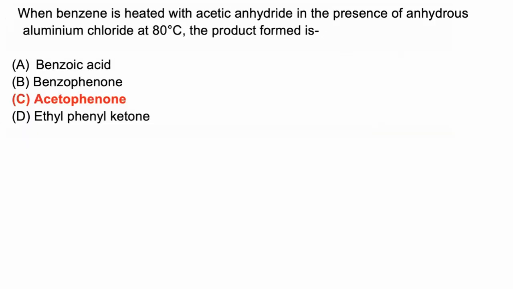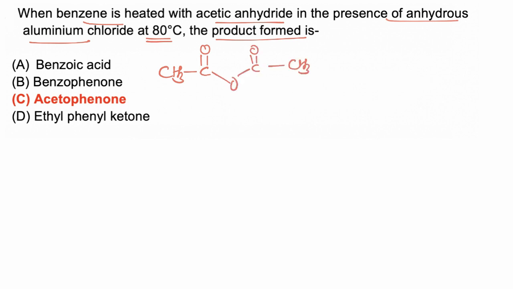In this question, we have to find the product when benzene is treated with acetic anhydride in presence of anhydrous aluminum chloride at 80 degrees Celsius. Now this molecule is acetic anhydride, on treating with AlCl3. Now this AlCl3 acts as a Lewis acid, and it will abstract the CH3COO negative ion.